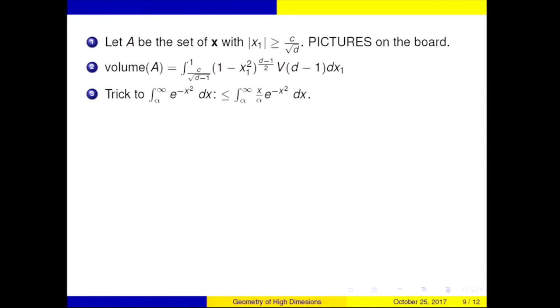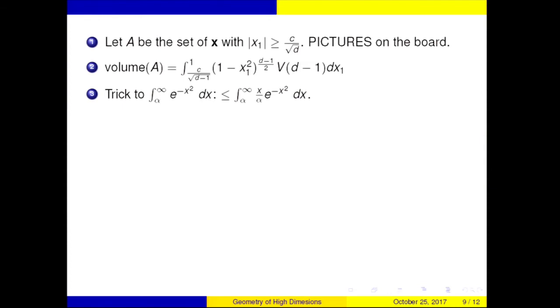Okay, so here's a nice standard trick. I'm going to tell you some of these tricks. They're just integration tricks, but we use them quite often. So for the Gaussian integrals, these are tails. When you want to compute the tail probability of a Gaussian, the probability that x is many standard deviations away, this is what you have to do. This is the integral from alpha to infinity.